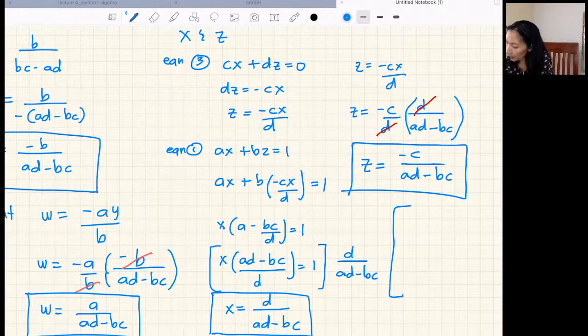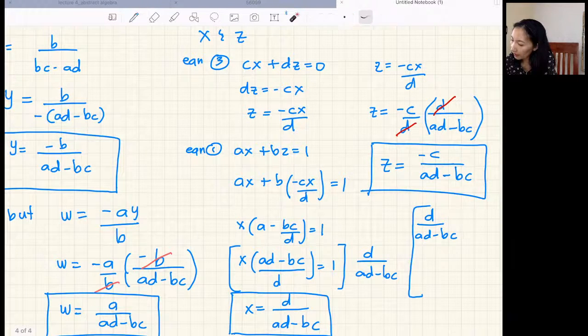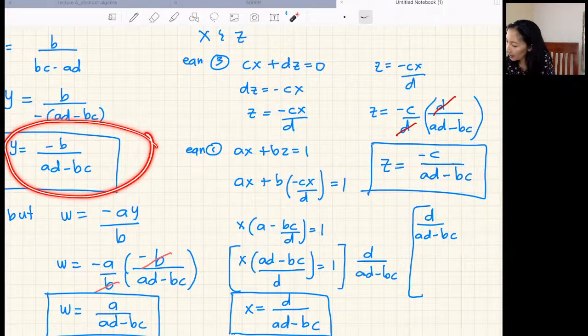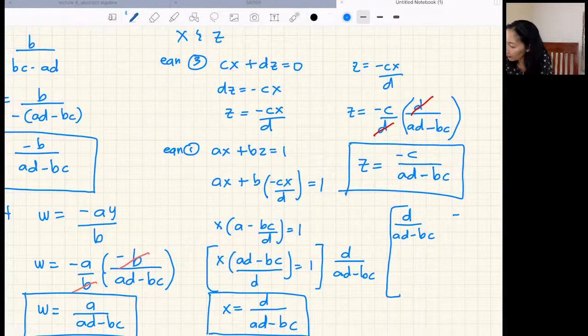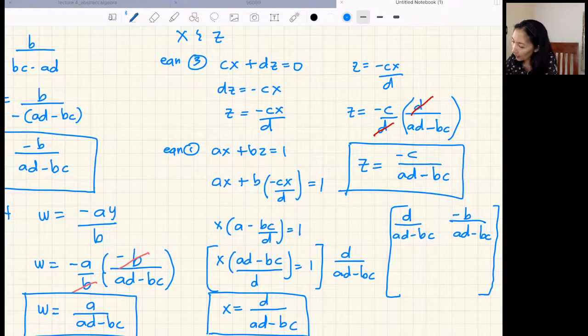Okay, X first. What is X? This is X. So D over AD minus BC, this is X. How about Y? What is our Y? Here is our Y, and our Y is negative B over AD minus BC. X, Y, Z. What is our Z?